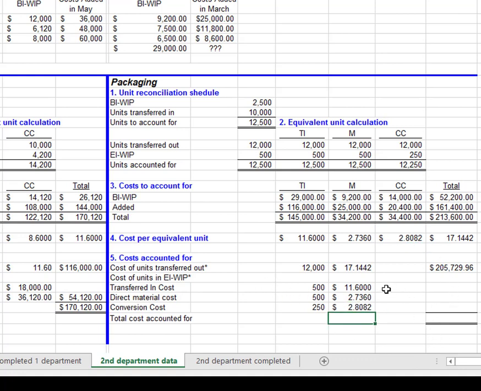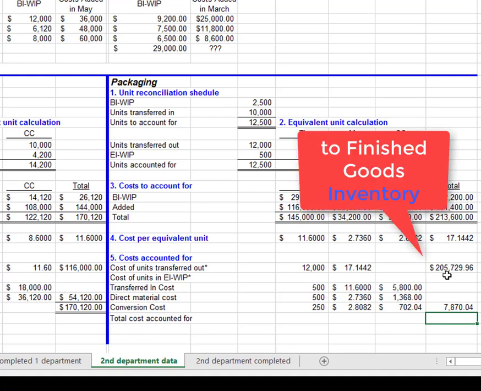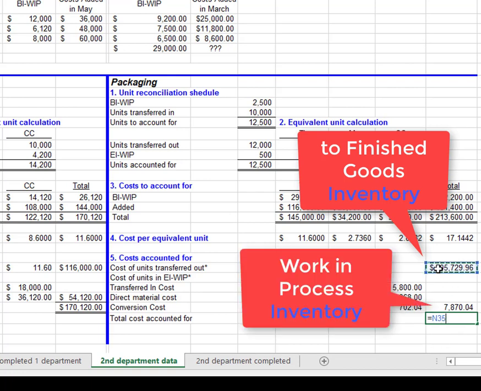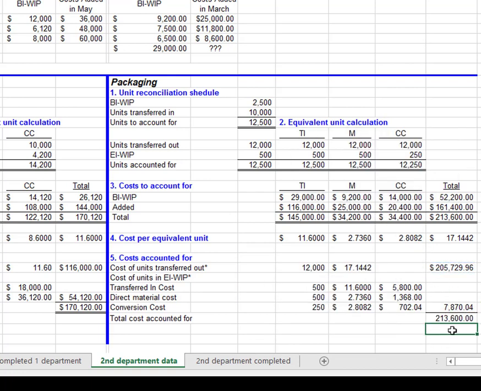Next, I'll just multiply these. Okay, and I'll total these three. Okay, so this is what's being transferred out to finished goods. This is what's in ending inventory. So my total cost to account for, $213,600.